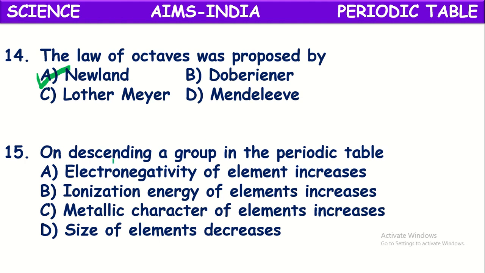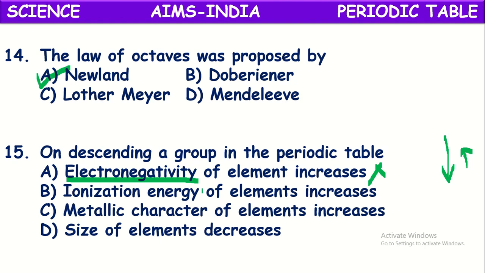Before that, let us compare the size so that we can relate all these properties to the atomic size. In a group from top to bottom, if we move, atomic size increases. If size increases, electronegativity decreases in a group from top to bottom. Even ionization energy is inversely proportional to size of the atom.